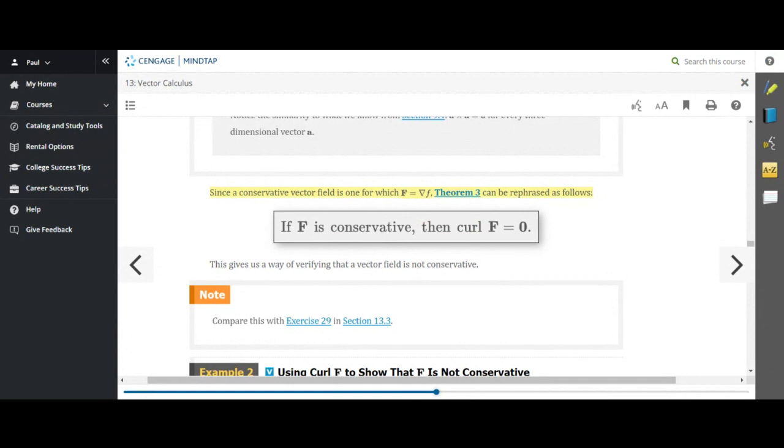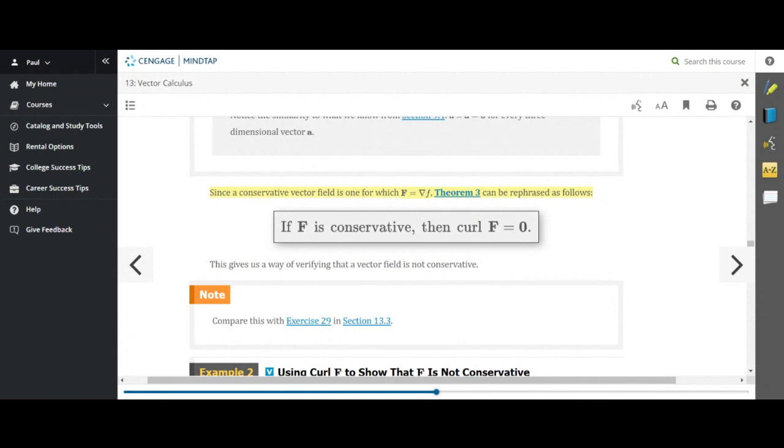But before you search for that potential function, you want to ensure that your vector field is conservative, and you need a criterion to establish that. The criterion that you learned in section 13.3 was for two-dimensional vector fields. We need a criterion for three-dimensional vector fields.